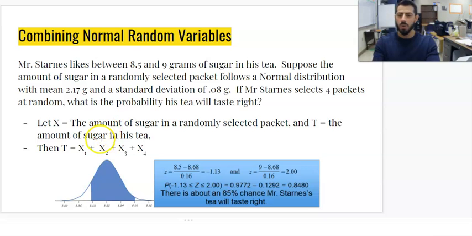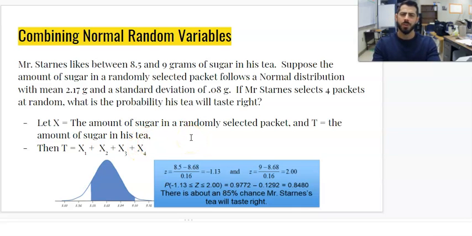Each one of those sugar packets is its own random variable because, on average, the mean of each sugar packet is 2.17 with a standard deviation of 0.08. So each one of these is its own continuous random variable. When we add them all up, we're adding 4 unique variables together.